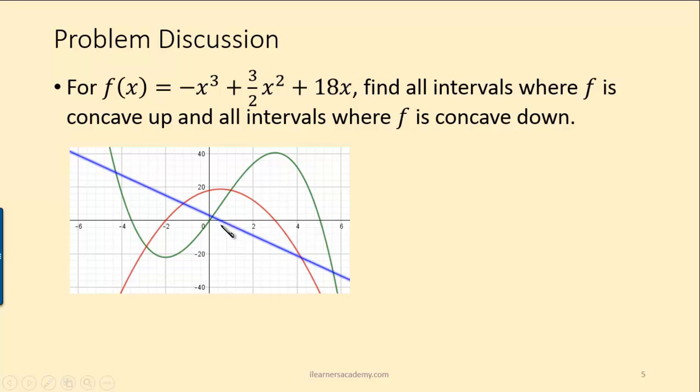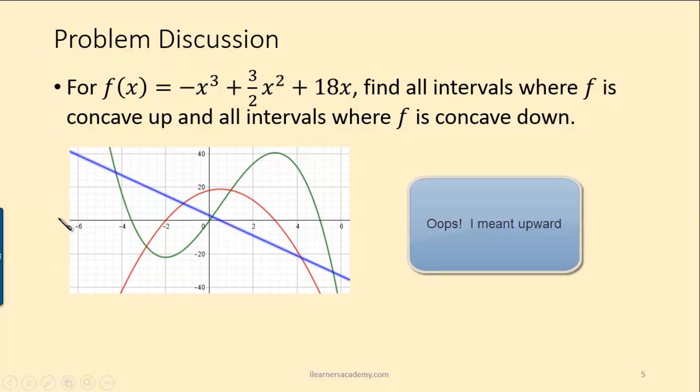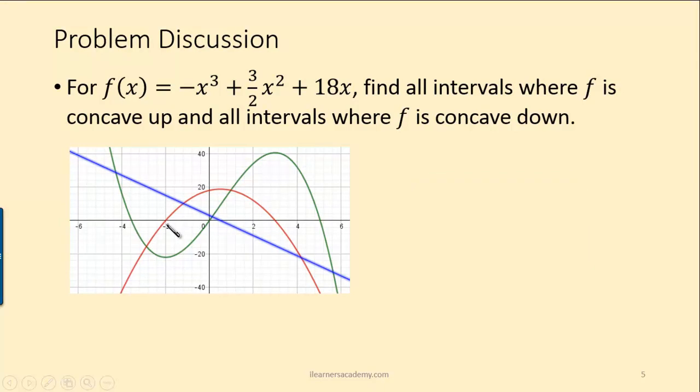So that gives us the point of inflection, and so now we can tell that this function will be concave upward from negative infinity to 0.5, and then concave downward from 0.5 onward to positive infinity. Alright, so now let's see how we can do this analytically, not using these graphs.